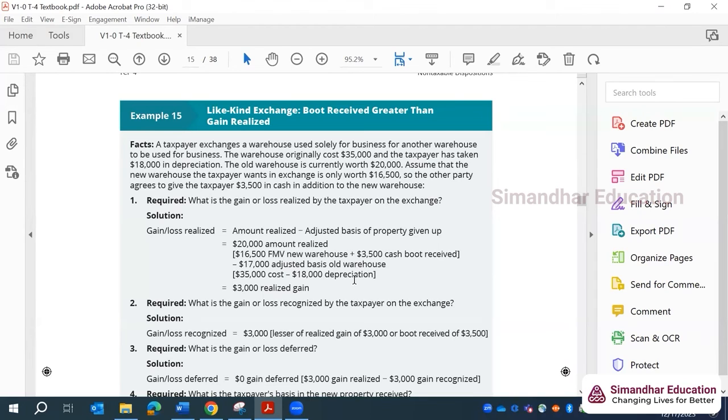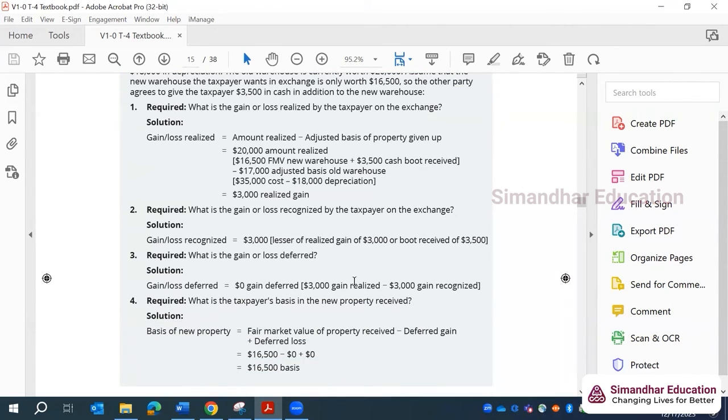So we will pick this up as income and pay taxes on it. Okay. Do we have any gain left that needs to be deferred? So what is going to be my basis of the new property that I have received? The basis of my new property is going to be 16,500. Okay.